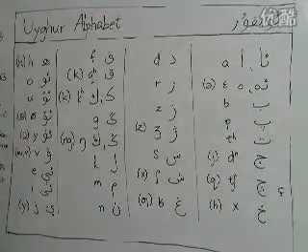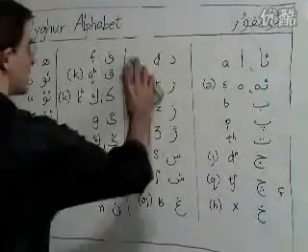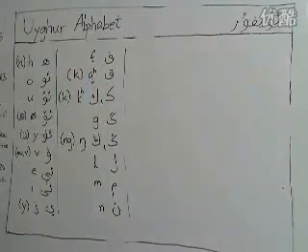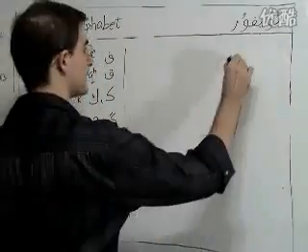Okay, now the vowels. I don't know if you can see those over there. So why don't I go ahead and erase this and write the vowels up big, because this is one of the major differences.